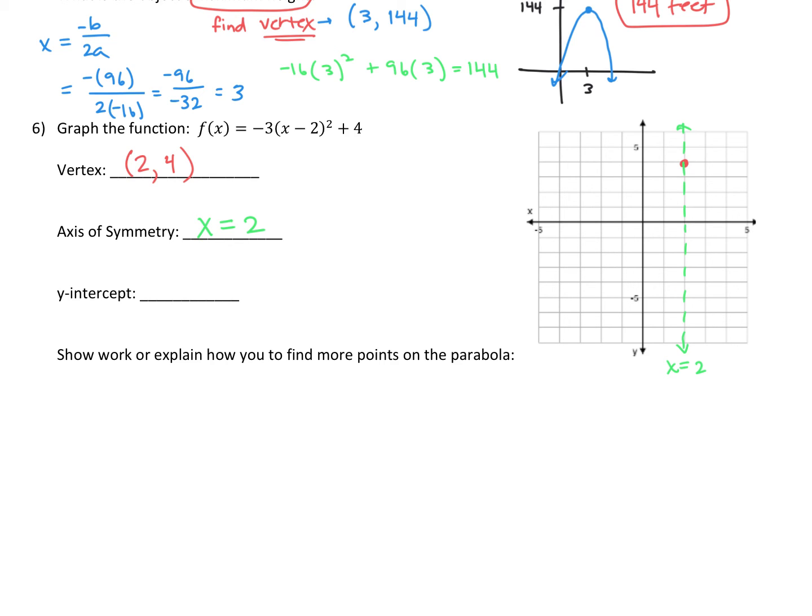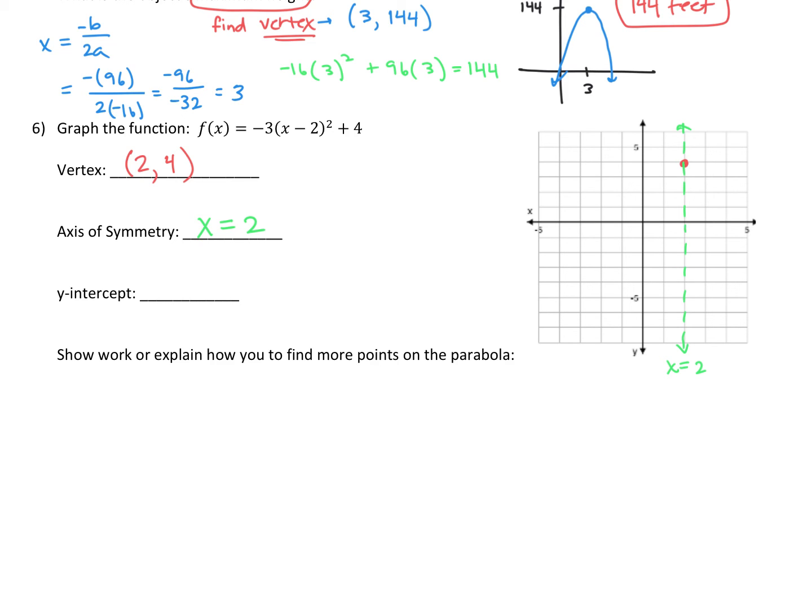Now, you can find a y-intercept of any function. It does not matter if it's a quadratic function, a parabola, a linear function, a straight line, or all the other functions you're going to learn in your mathematics education. All you have to do to find a y-intercept is plug in a 0 for x.